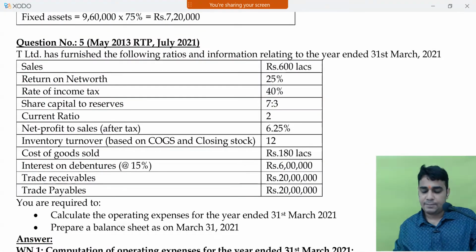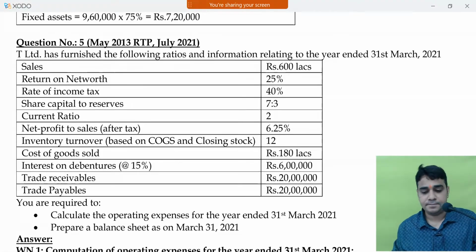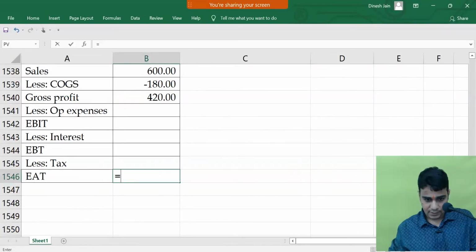What is the EAT number? They have given something on profit after tax. Profit after tax is 6.25% of sales.